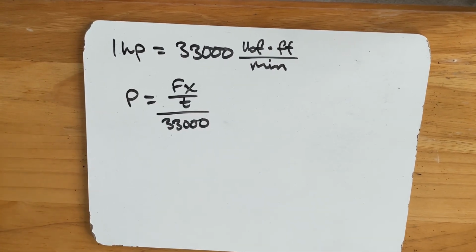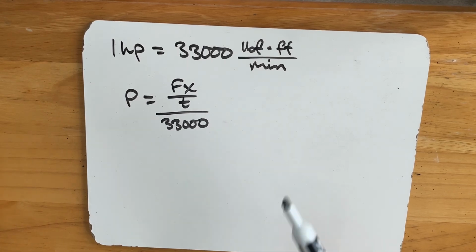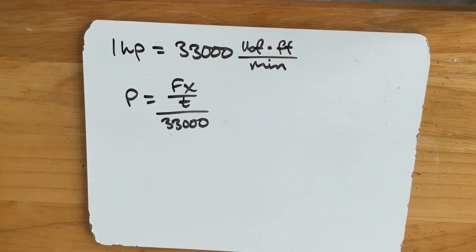Now I'm going to test run this equation, make sure that it makes sense and works, with the values we have right here. So 1 horsepower is defined as applying 33,000 pounds force over 1 foot in 1 minute.